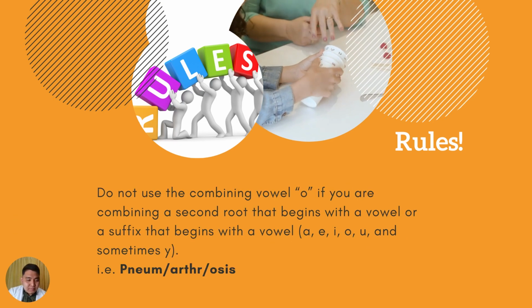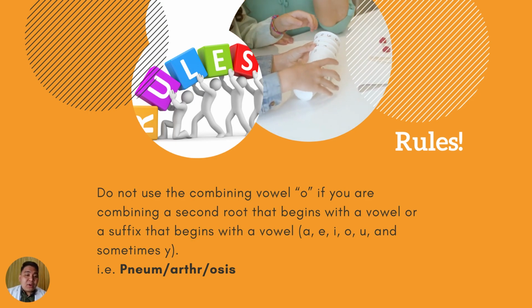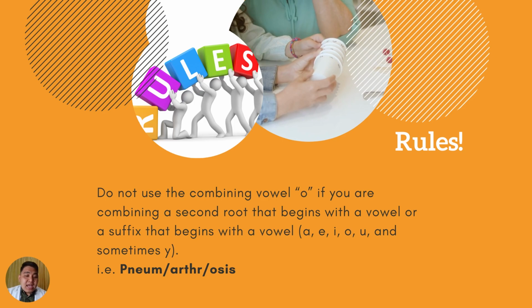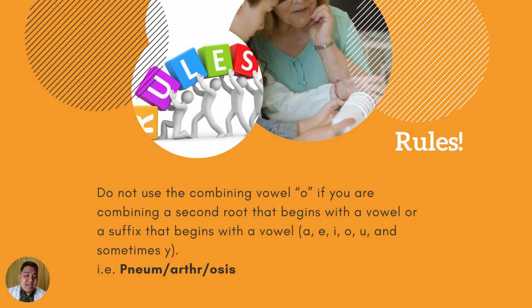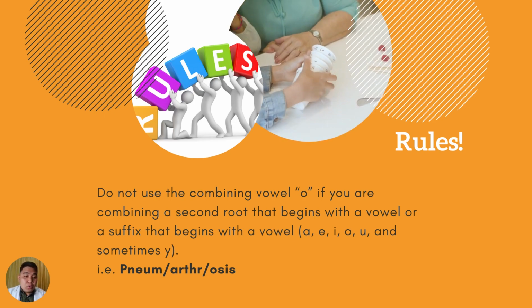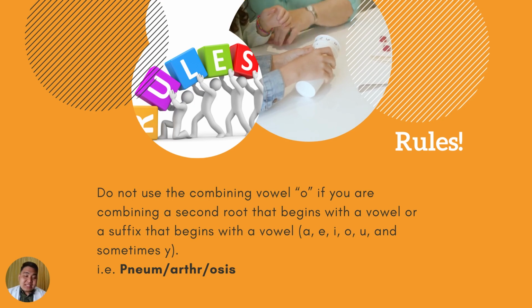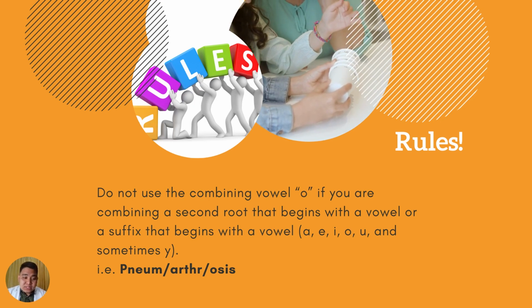All right, next. Do not use the combining vowel O if you are combining a second root that begins with a vowel, or a suffix that begins with a vowel: A, E, I, O, U, and sometimes Y. This is the example: pneumoarthrosis.